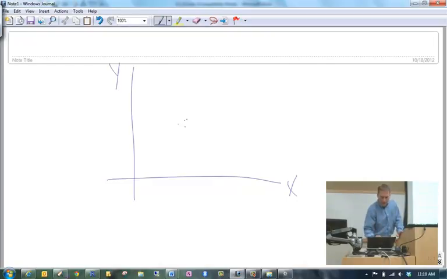Perhaps we have a scatter plot that looks like this, and we have our regression model that looks like this. What this basically means is that we only want to do predictions corresponding to x's between this point and this point. So we would not want to predict for a very high value of x or a very low value of x. We want to keep our predictions within the range of our x's.